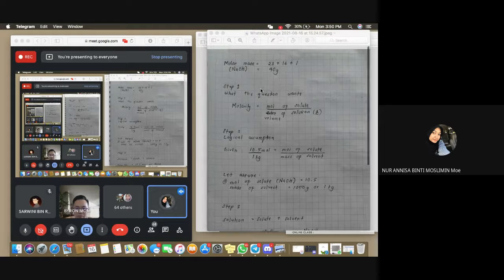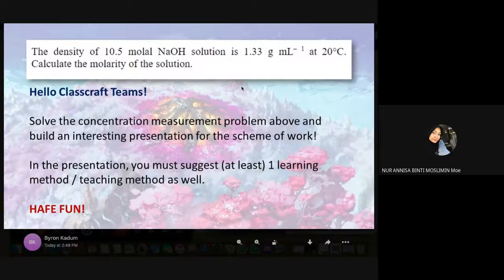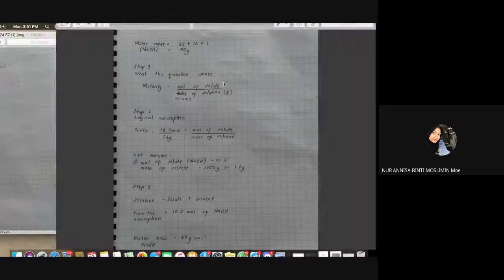Okay, first of all, we were given 10.5 molar NaOH, and the density is 1.33, and we need to find the molality. For that, we can use these steps. Step 1, the question wants molality, which equals moles of solute divided by mass of solvent.